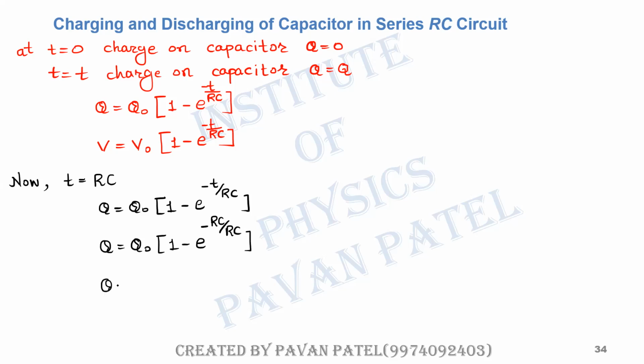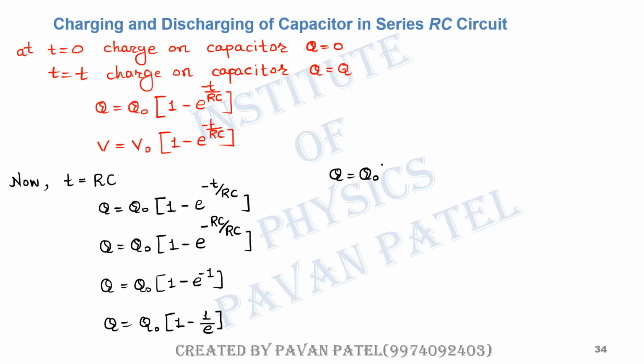So q is equal to q0 (1 minus e raised to minus 1), and therefore q is equal to q0 (1 minus 1 upon e). Alright? e raised to minus 1 is 1 upon e.